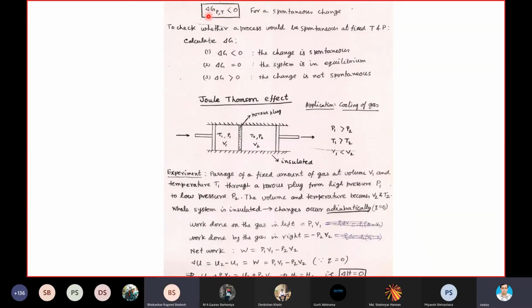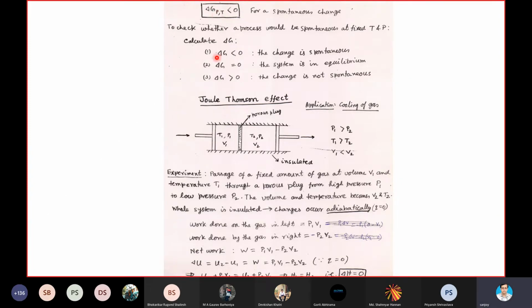For any spontaneous process, therefore, delta G, the change in Gibbs energy at constant pressure and temperature, is less than 0. So this is the most fundamental and important condition in thermodynamics. For any process, if you compute delta G, you have to look at the sign of the delta G value that you have got.